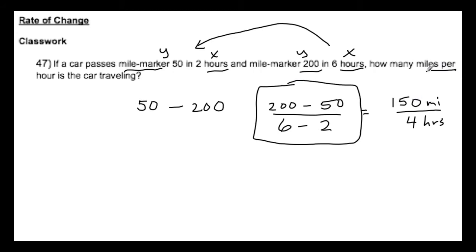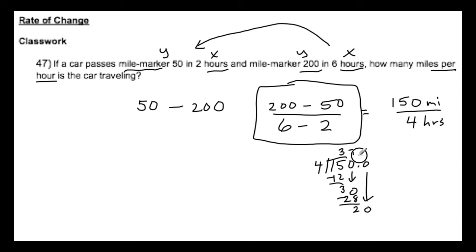To make it miles per hour, which means that we need a 1 on the bottom, we simply divide 150 divided by 4. That's how you always get a 1 in the bottom, just divide it. So 4 goes into 15 three times, that's 12. Bring down the 0. 4 goes into 30 seven times, that's 28. And then we can do a decimal here because it is a word problem.